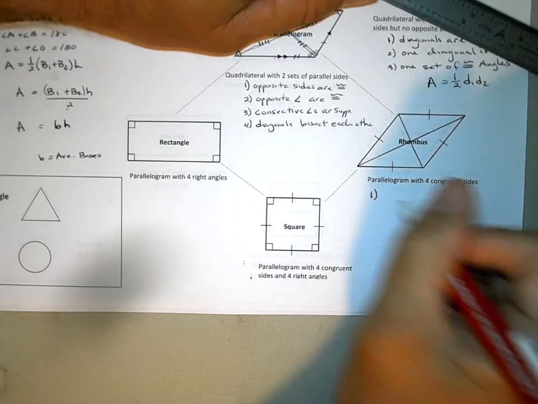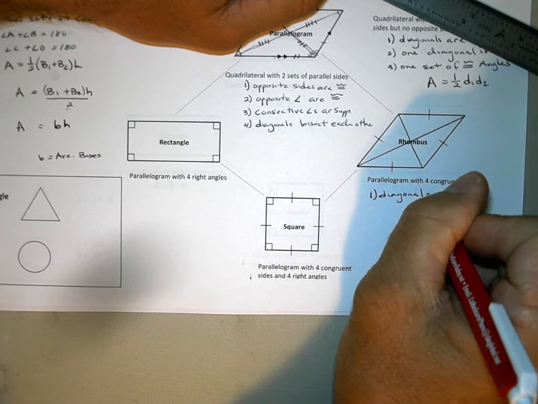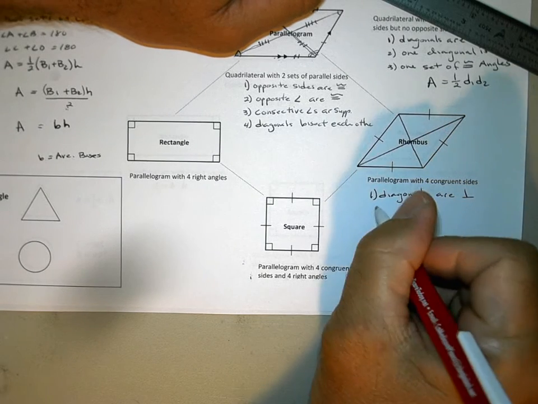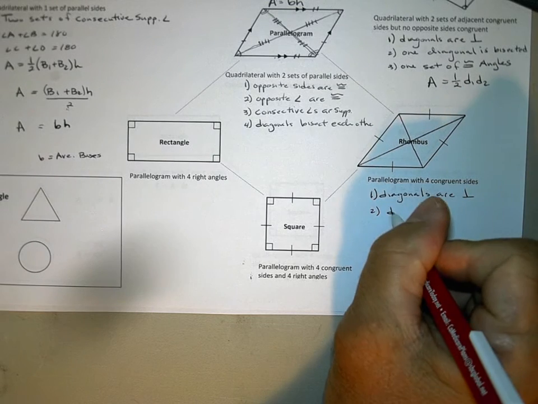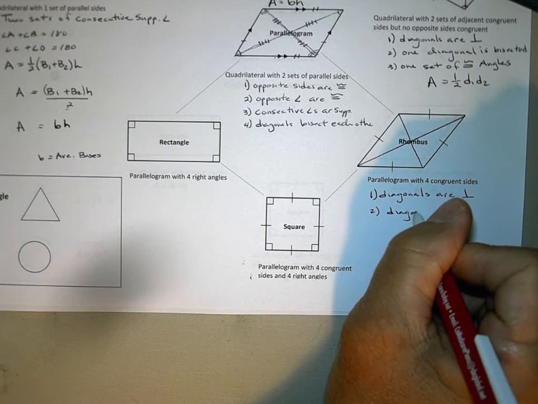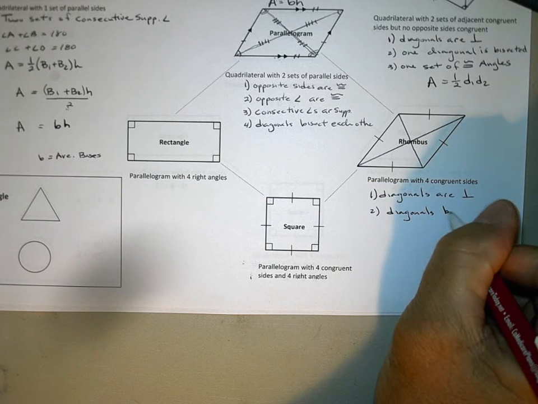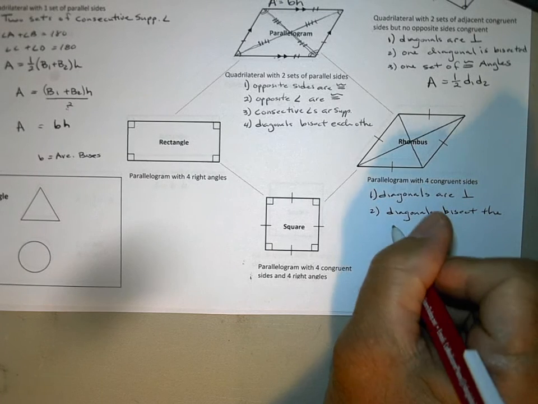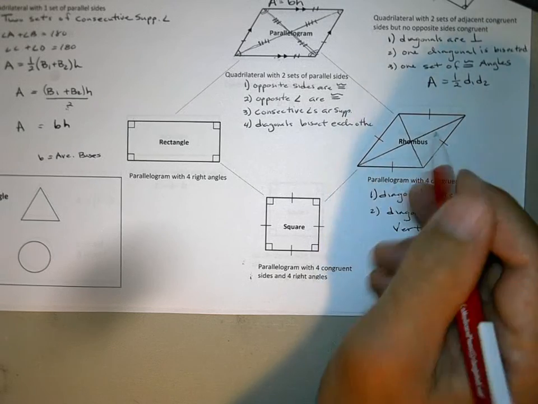So diagonals are perpendicular, and diagonals bisect the vertices. Means it cuts these angles in half.